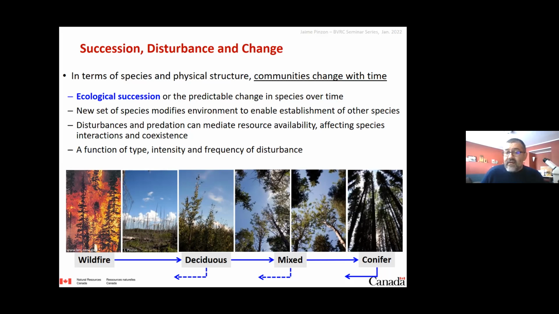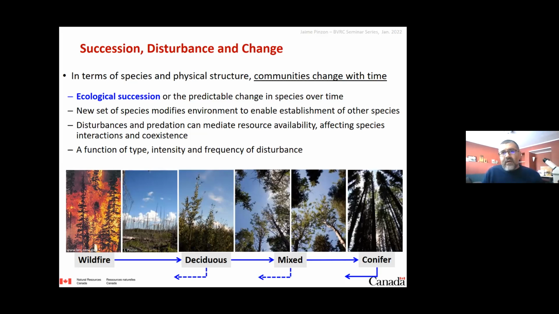And eventually, if enough time passes, these spruces grow to the canopy, where you start seeing these mixtures of species in older stands. And as time goes by, much of the aspen or the poplars in general start to die off, resulting in a conifer-dominated stand. Of course, there are variations to this pathway. This is an oversimplistic view, but normally this is what you would see in much of the boreal forest.